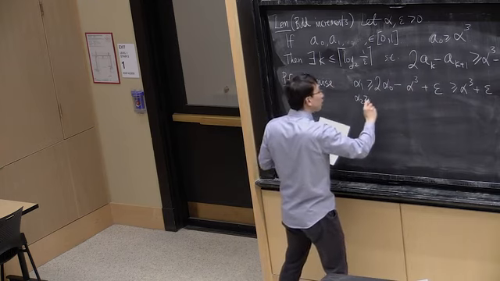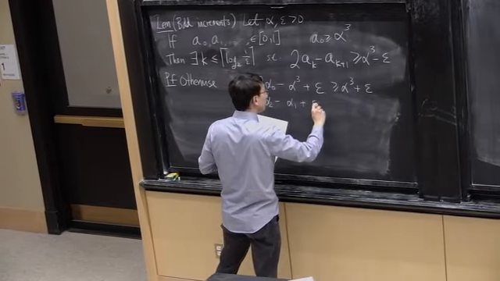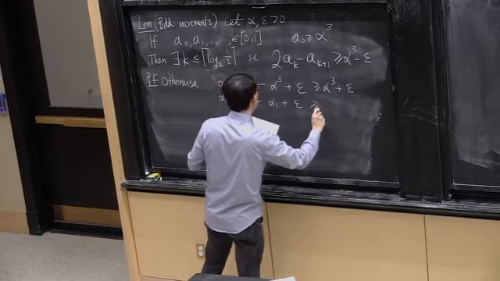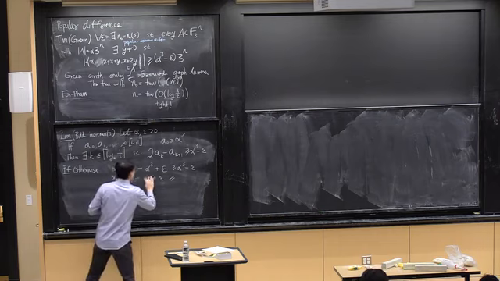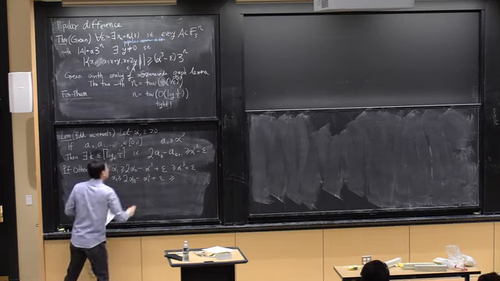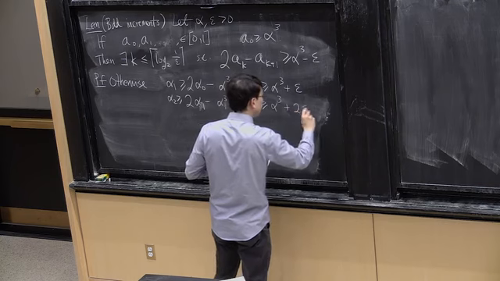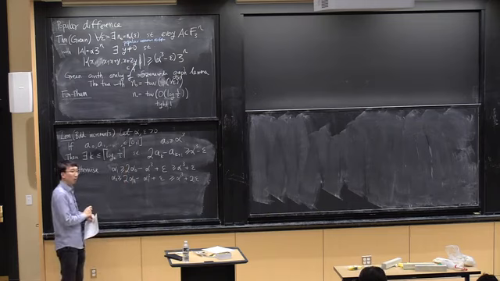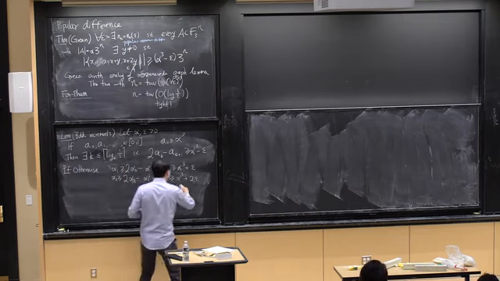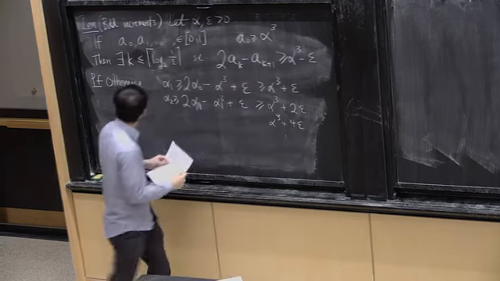And likewise, you have some lower bound on a2, and this lower bound is alpha plus 2 epsilon. Okay, so you keep iterating. The next one is 4 epsilon, and so on.